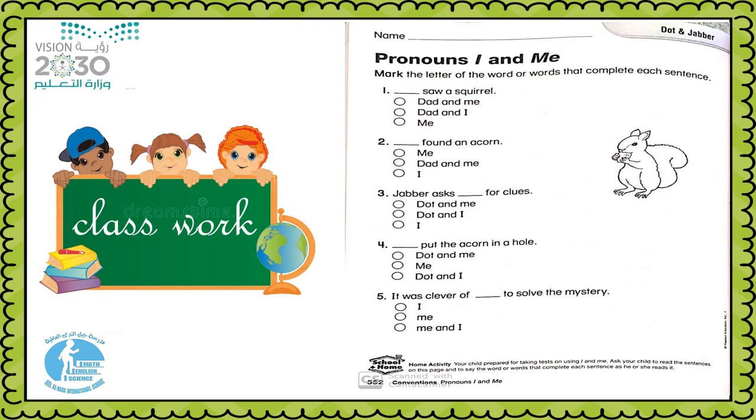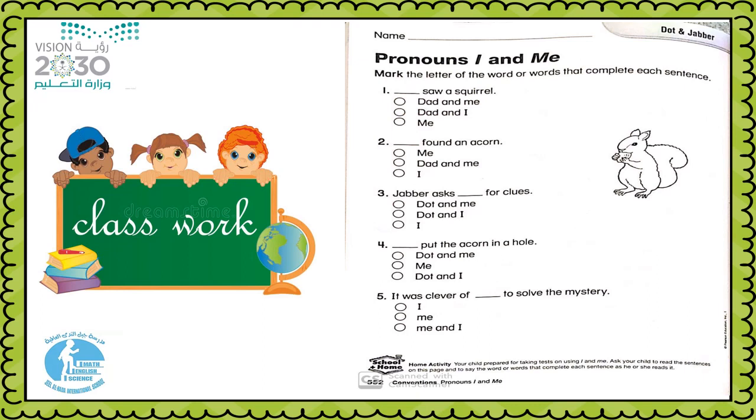It was. Remember when we took the verbs am, is, are, was, were? Was is a verb. It's not an action verb, but it's a verb. It was clever of blank to solve the mystery. It was clever of I, me, or me and I. Which pronoun do we use in the middle of the sentence after the verb?